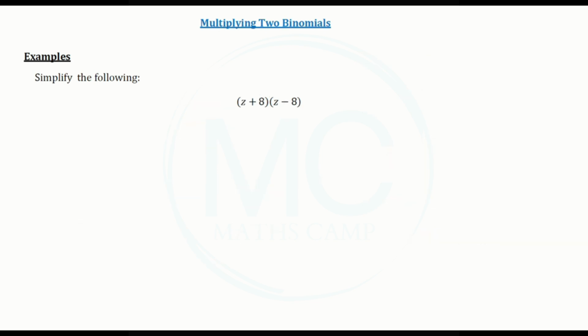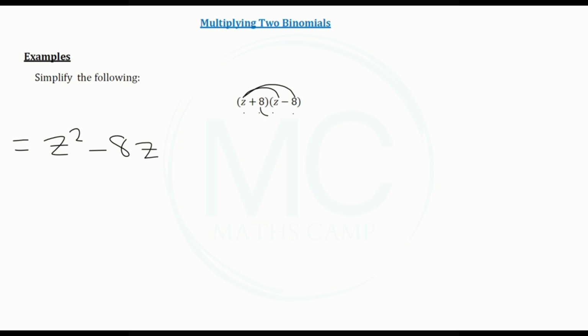In this example, we have got z plus 8 multiplied by z minus 8. First, let's multiply our z's, and we get z squared. Then let's multiply z by negative 8, and we get negative 8z.